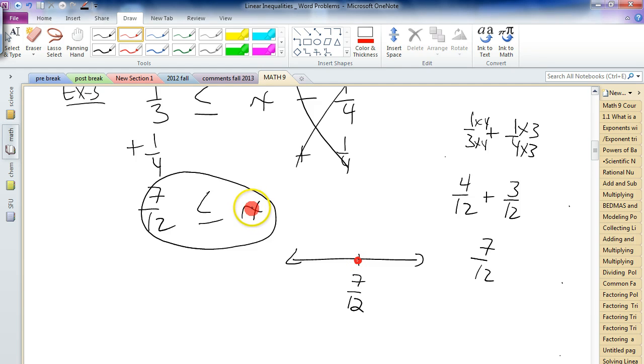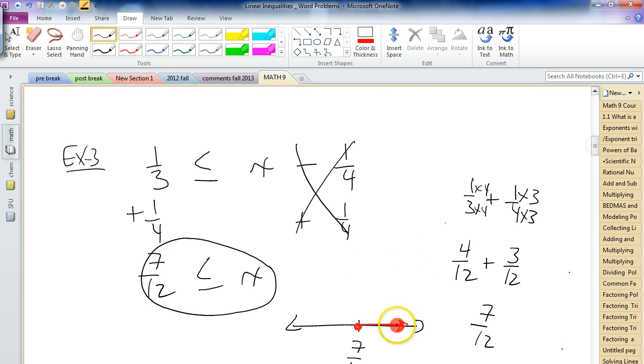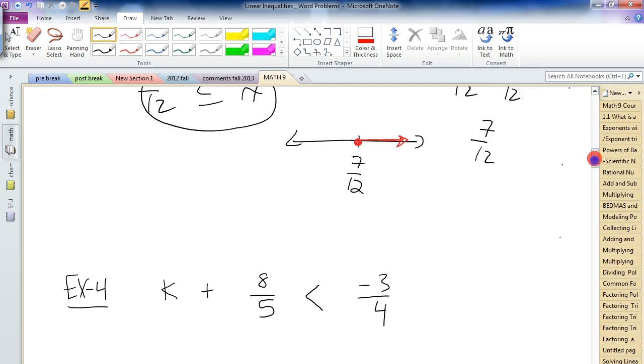Or you can rewrite it the other way: x is greater than or equal to 7/12. Okay, so the number x is greater, that means it's on this side. There you go. Now to check it, if you're going to check it, which I'm not going to do to save time, pick any numbers, fractions or whole numbers, that are greater than 7/12, like 1, like 2, like 9, like 99, like whatever, and sub them into here, and you check it, and if it works out to be true, then you're right.